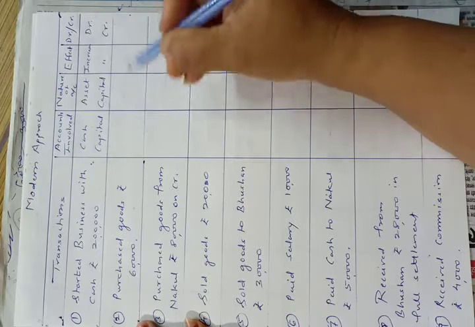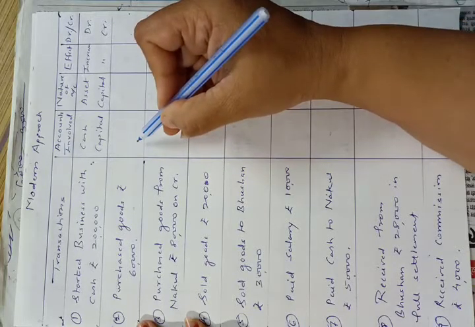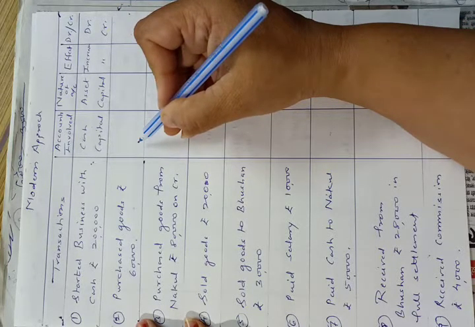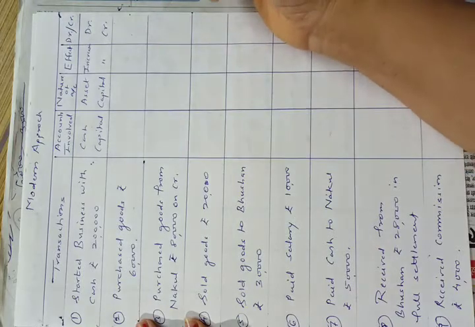Okay, now the second transaction: purchase goods rupees 60,000. Here two accounts will be involved. As we are purchasing goods, one account will be purchases account, and this is a cash transaction as party's name is not given.